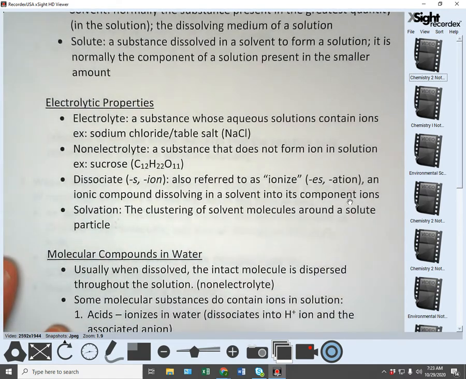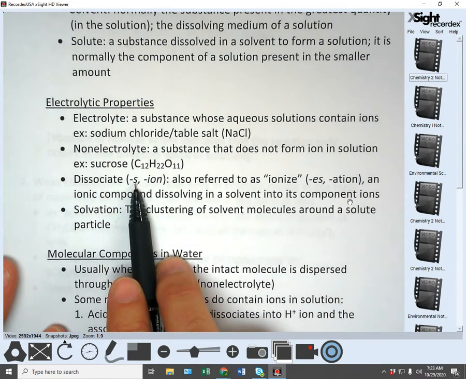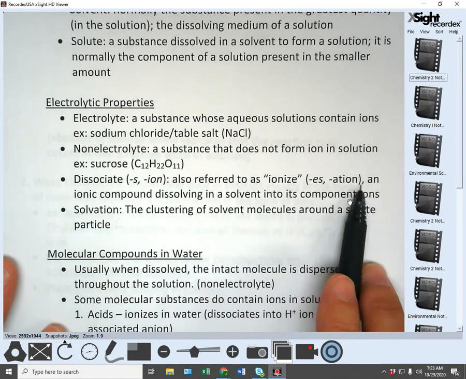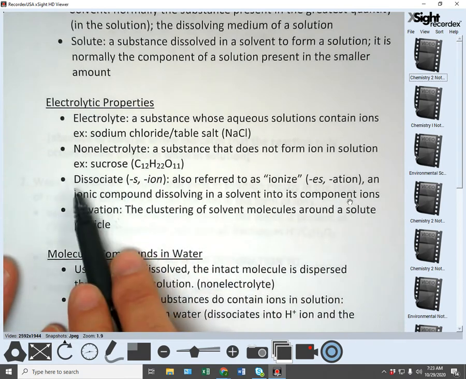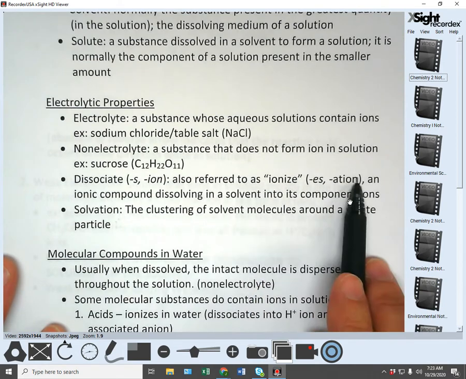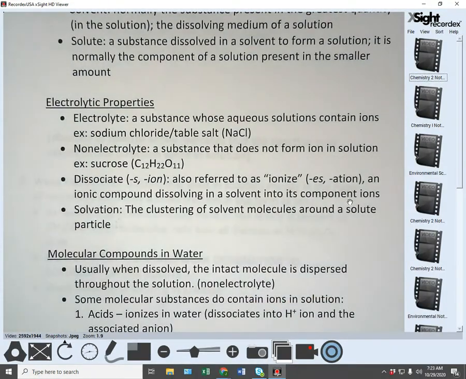So when you put salt into water, it dissociates, also referred to as ionizing or ionization. So: dissociates, dissociation, ionizes, ionization. An ionic compound dissolving in a solvent into its component ions.